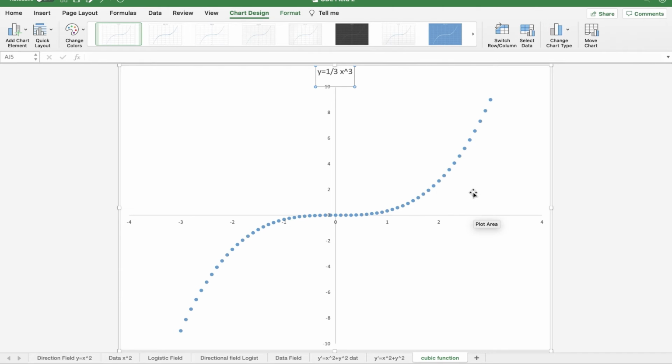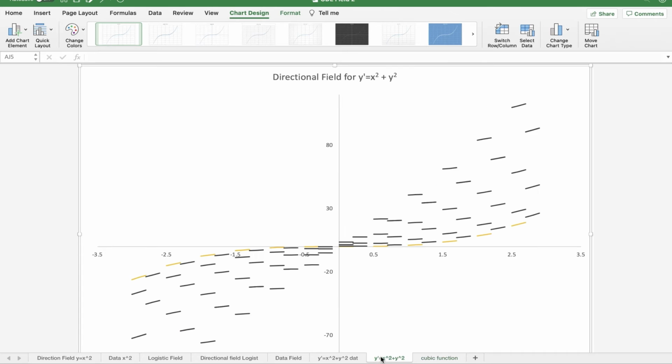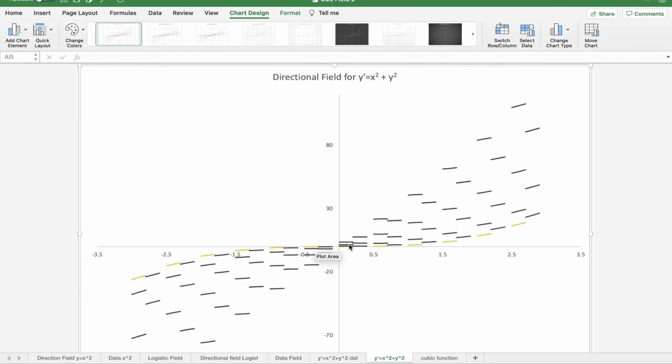And that's what this plot is here. And you can see that our directional field yields that form of curve, and here would be the tangent points along that curve.